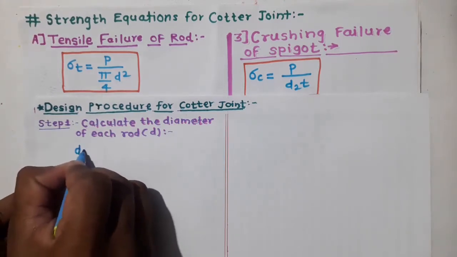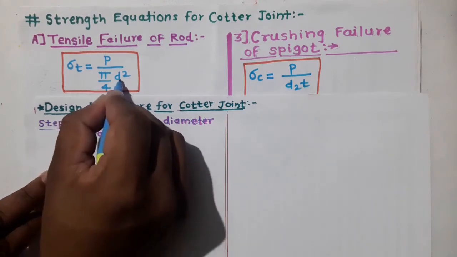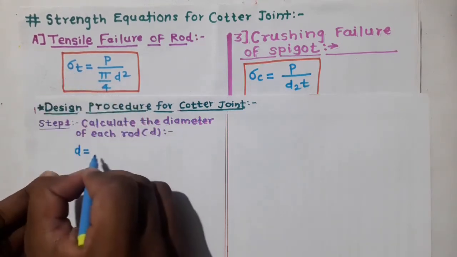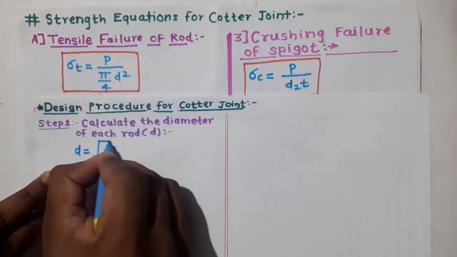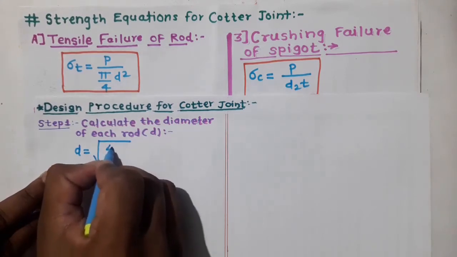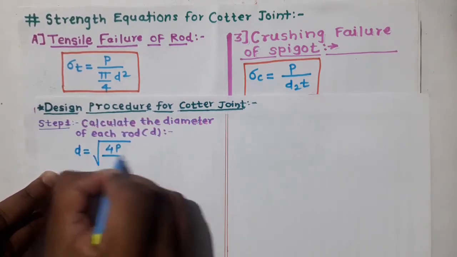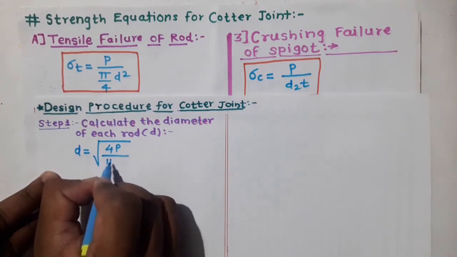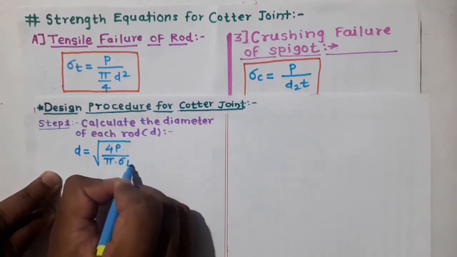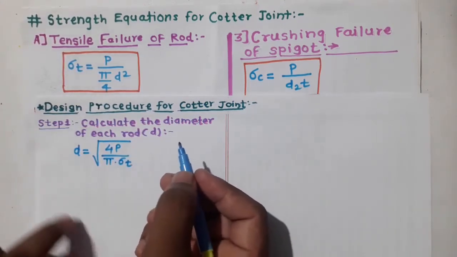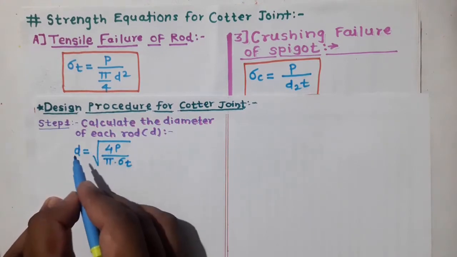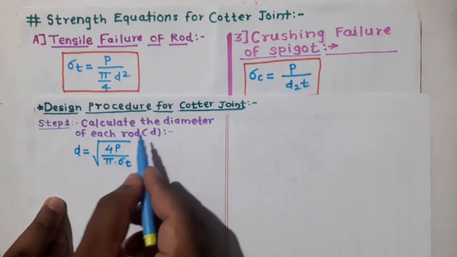So small d is equal to, if you take this d square on the LHS, we can write this equation like this: under root 4P upon pi into sigma t. So this equation gives us small d, that is the diameter of each rod.